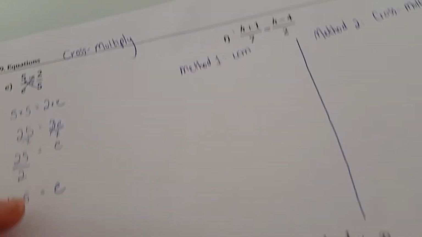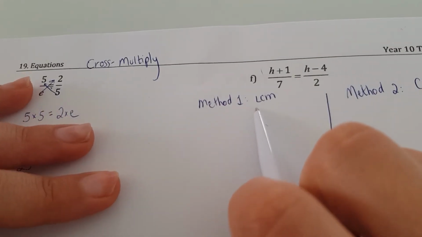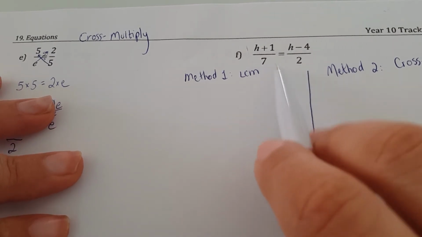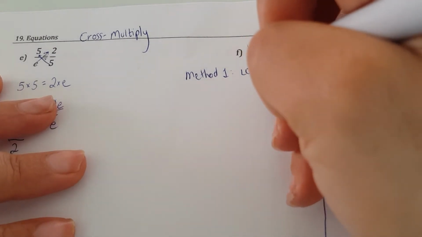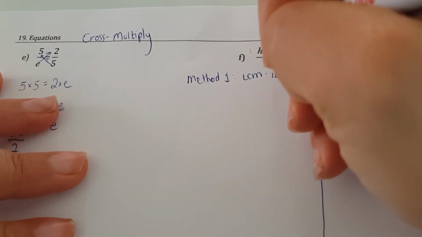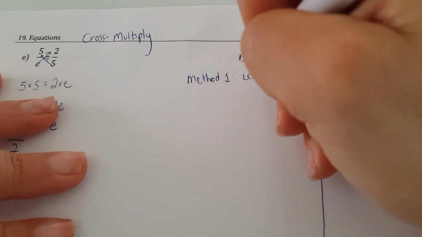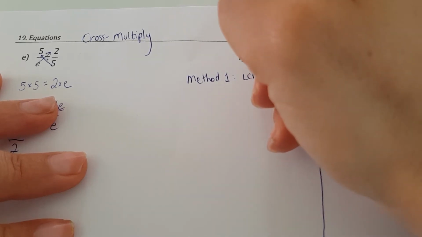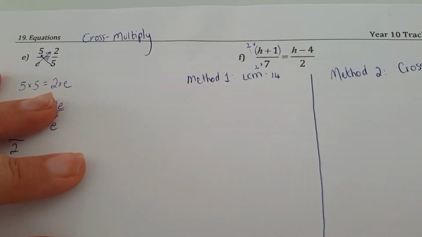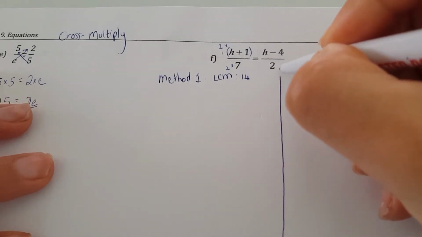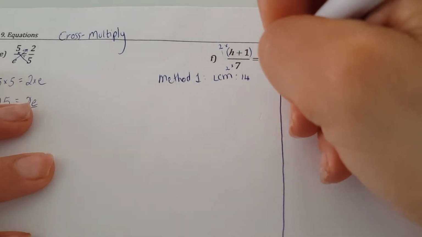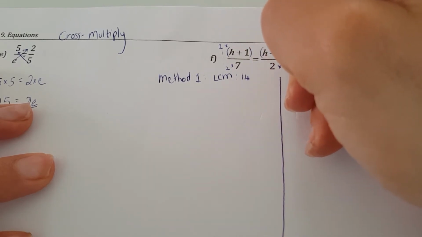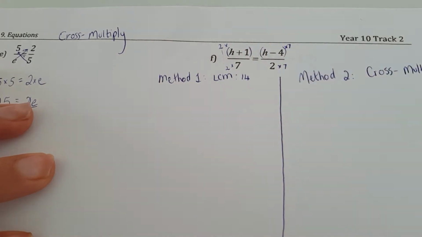Right, so let's work them with both methods. Let's start with the LCM. The least common multiple over here of 7 and 2 is 14. So for 7 to become 14, I should multiply by 2, and I should do the same thing for the numerator to keep it balanced. If I have a 2 which needs to become 14, I need to multiply by 7, and the same thing over here, I need to multiply by 7.